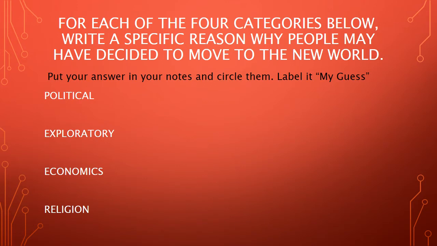Yep, you have to guess one political reason why, one exploration reason why, one economic reason why, and one religious reason why. Again, put your answer in your notes and circle them so I can see that you actually are doing it, and label it my guess. That way it's not going to be confusing for you when you decide to study.